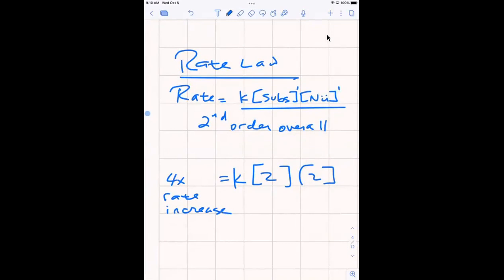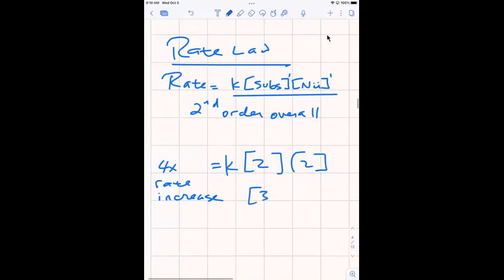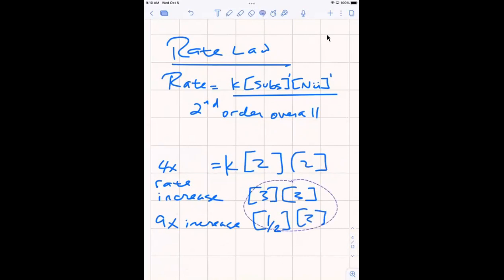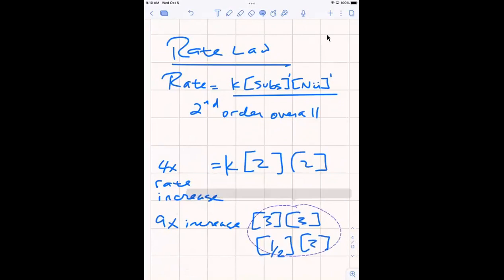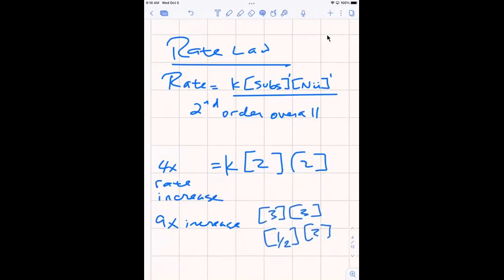Right? So whatever I do to either one is going to affect the rate. If I triple them both, then it'll be a 9 times increase. If I cut one in half and double the other one, let me move this down. Right, be no change.